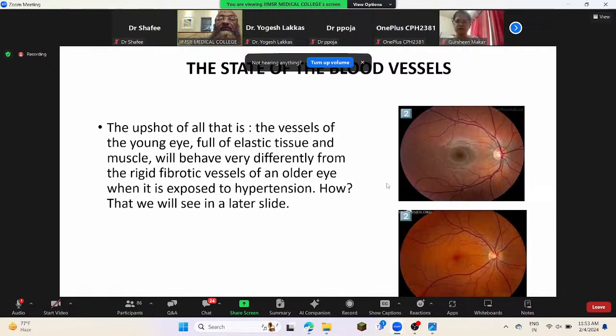How does the state of vessels vary? The upshot of all that is that the vessels of the young eye, full of elastic tissue and muscle, will behave very differently from the rigid fibrotic vessels of an elder eye when exposed to hypertension. How? That we will see in a later slide.